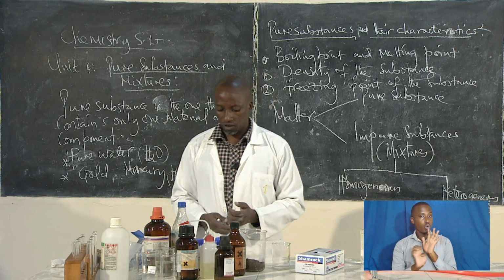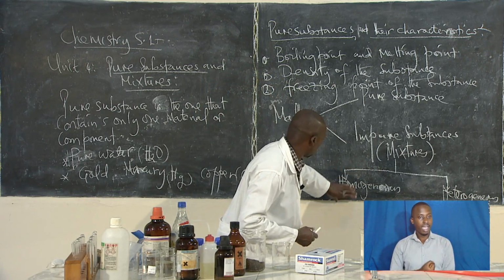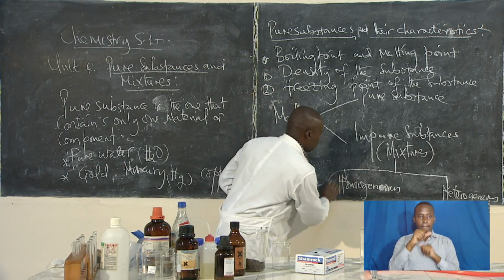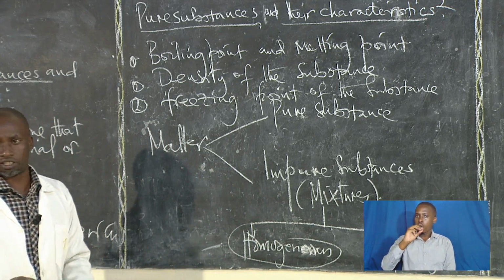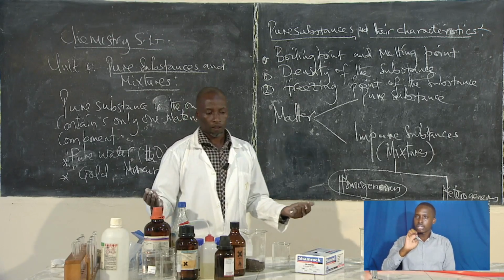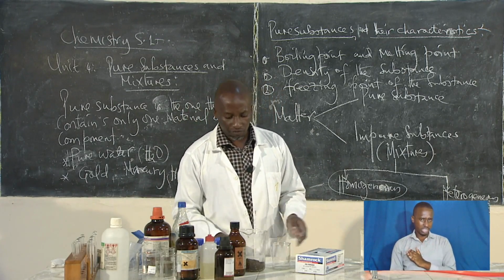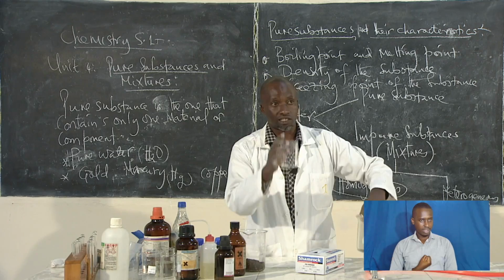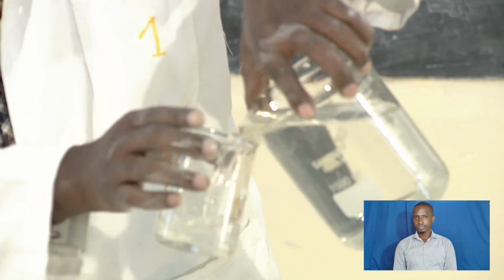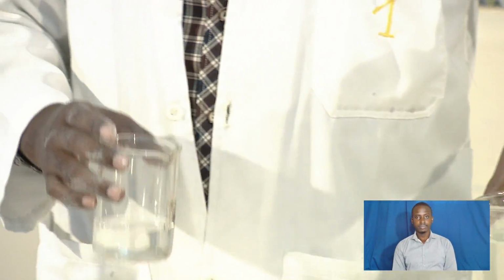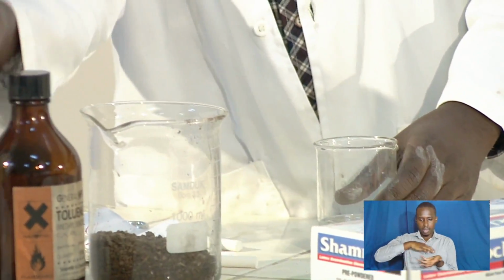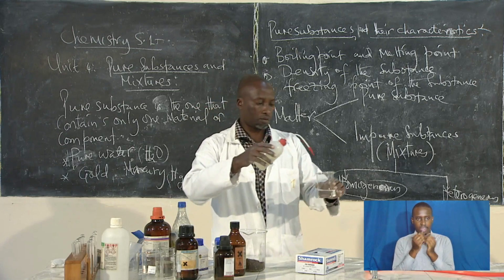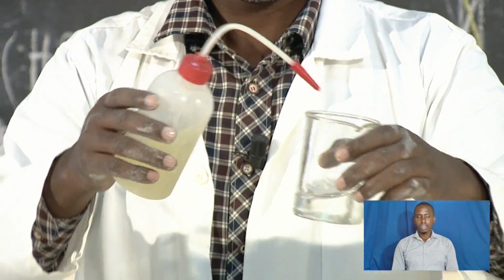For example, we are just going to look at what are the homogeneous substances? If I have this, I said this is the water, and then I mix it with another liquid.